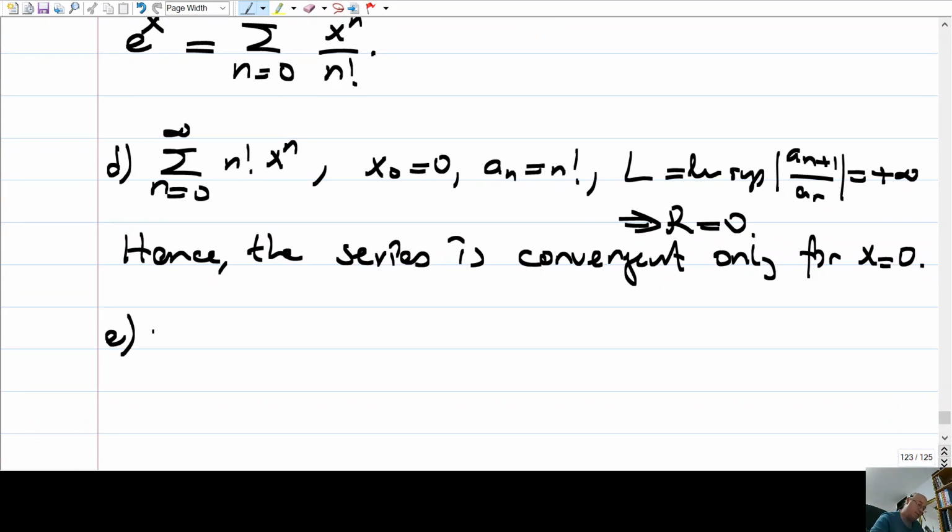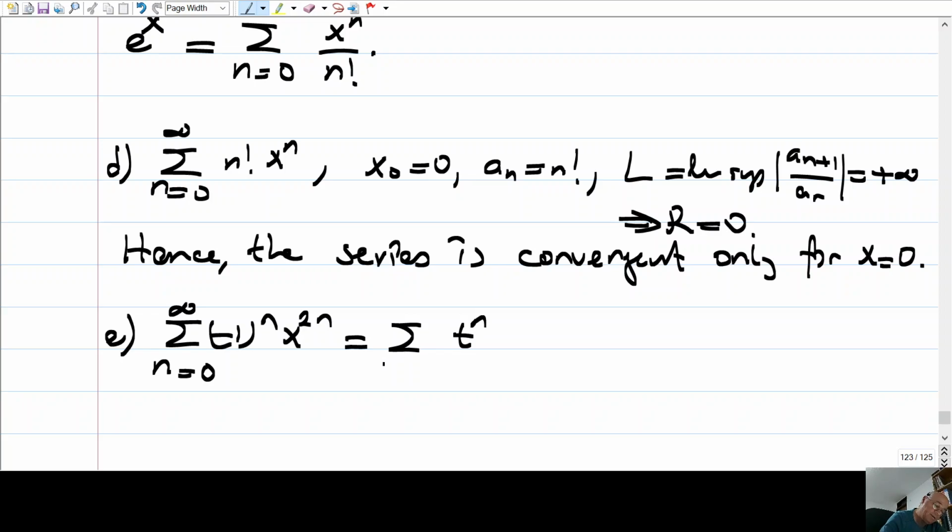And I have this. Okay, let me regard this as the sum of t to the power n, from 0 to infinity, where t is minus x squared.